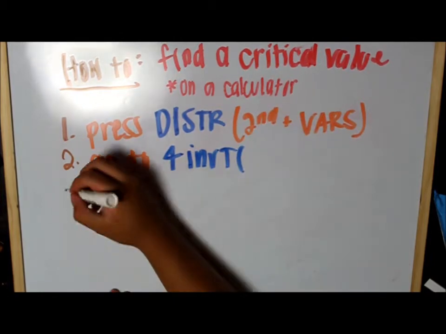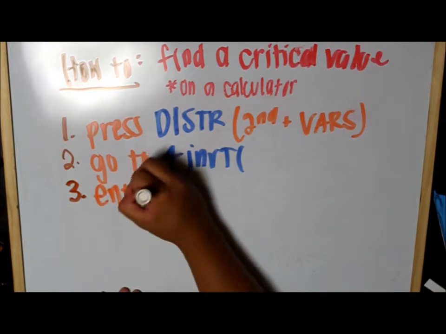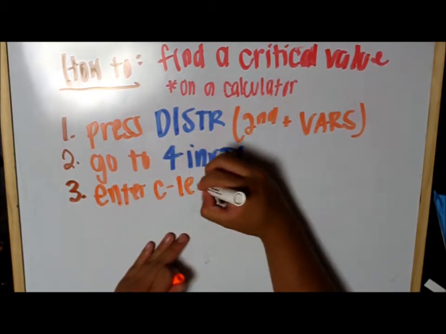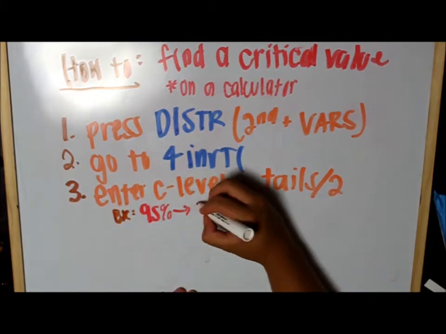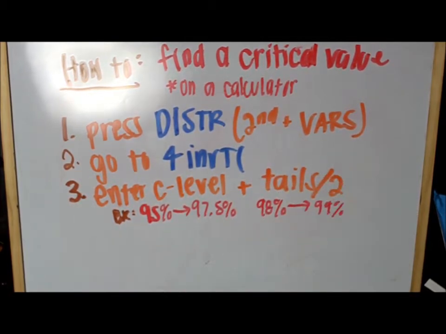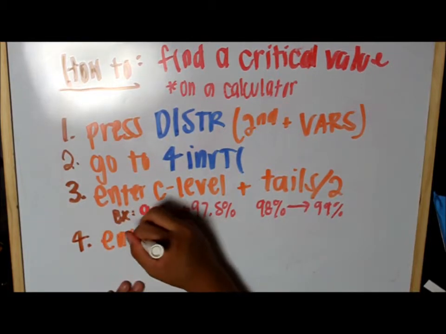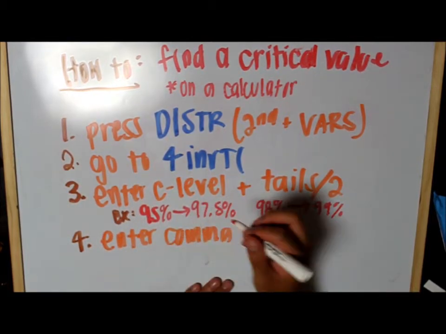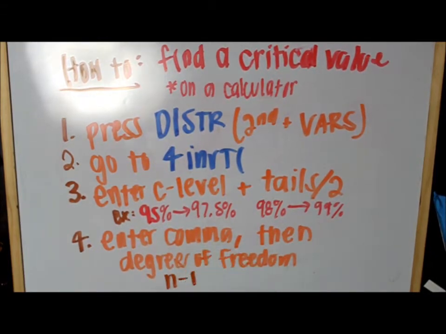Then you enter the confidence level, and you also have to add the tails divided by 2. So for example, if you want to use a confidence interval of 95, you have to use 0.975 when you enter it into the calculator. Then you must enter a comma. Then you enter your degrees of freedom, which is the sample size that you rounded down minus 1.